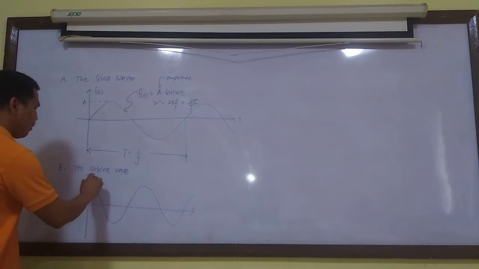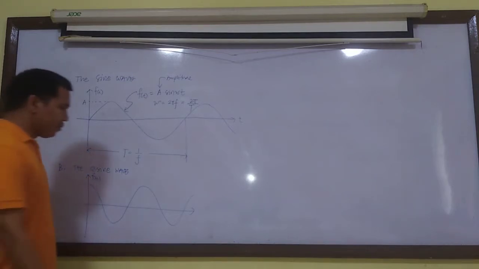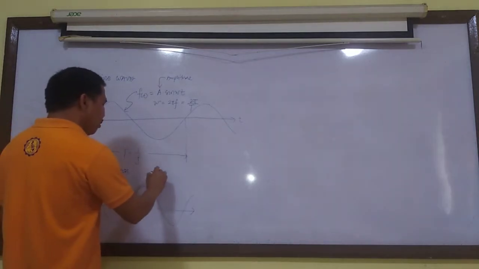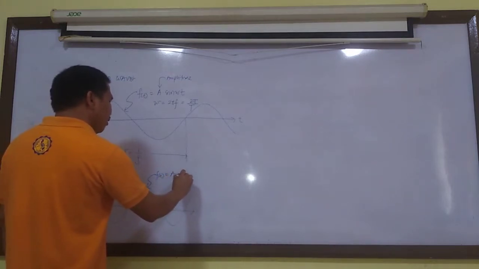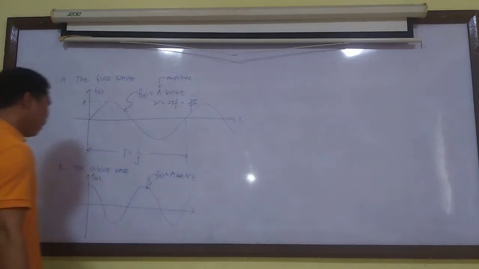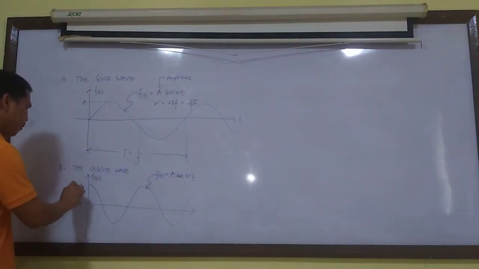So your function of t is equal to A cosine of omega t, where A is your amplitude.